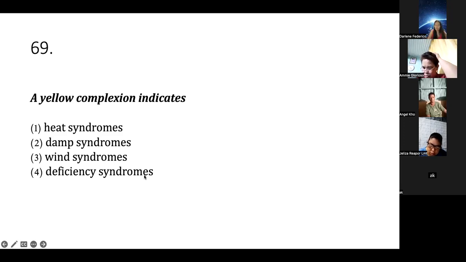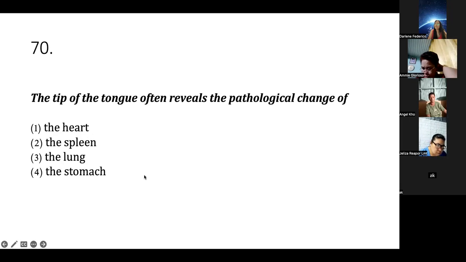Greenish? Blue purple. Okay, neutral. Number 70. The tip of the tongue often reveals the pathological change of the heart and the lungs. Letter B. Okay, very good.